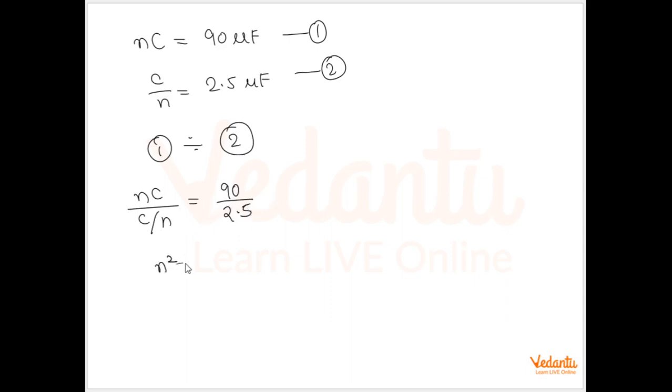Now beta, that gives me N square is equal to 90 divided by 2.5. Or I can write it as 900 divided by 25, or I can write it as 36. So N, my dear bachcha log, will just be 6.